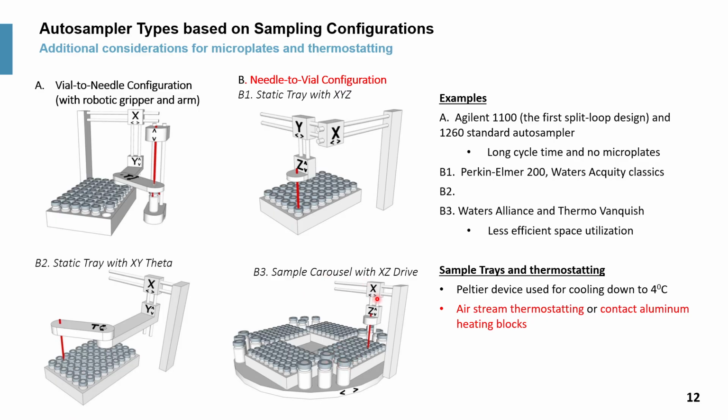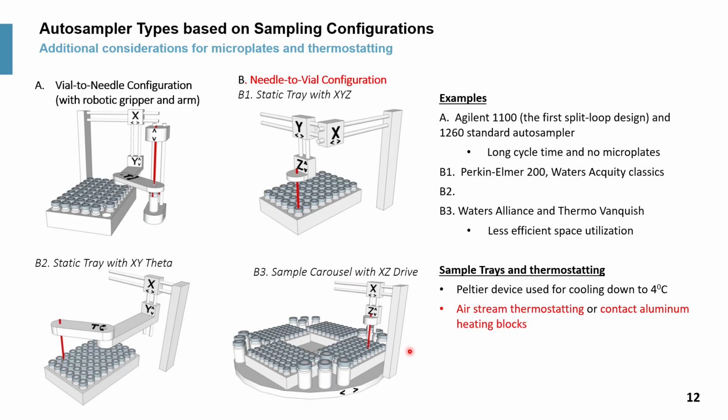This is quite a bit more popular, where you have what is called the XZ direction with a rotary drive. So some are explained here. B3 is exemplified by the Waters Alliance, which dominated the QC labs for about 3 decades, and the Thermo Vanquish. And obviously B3 is good, except it's perhaps less efficient in space utilization.